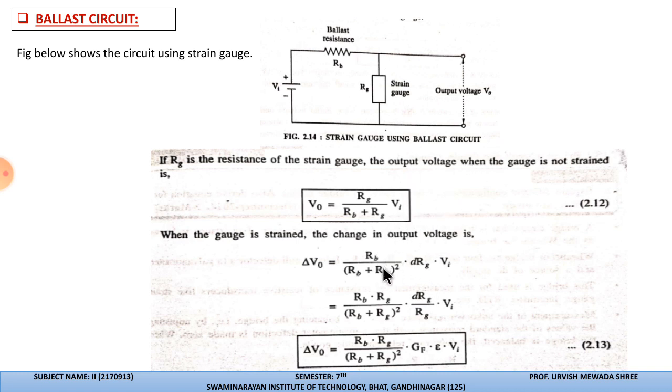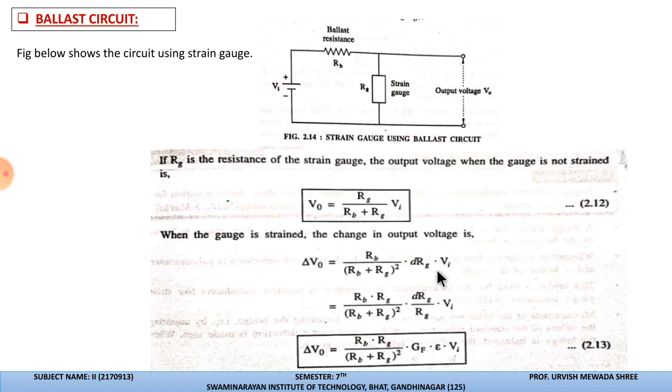The equation will become RB upon (RB plus RG) square, into the change in resistance dRG, into Vi. Let's solve this equation. Here we are taking Rg in the numerator and denominator. So Rb into Rg divided by (Rb plus Rg) square, into dRg by Rg, into Vi.